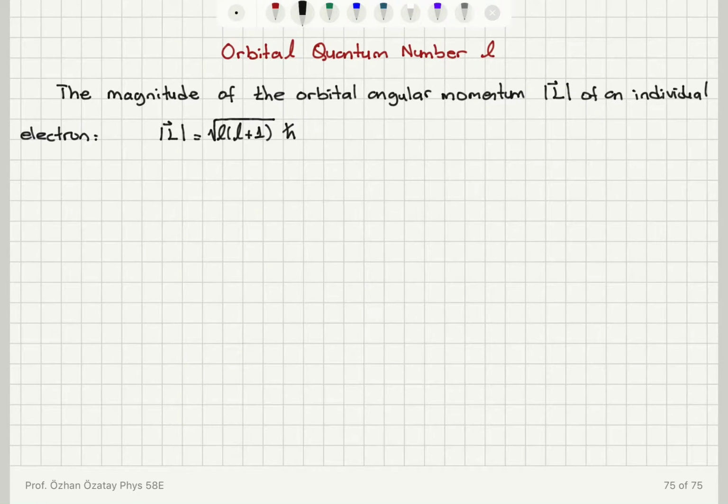Okay, so the values that L can take are 0, 1, 2, 3, all the way up to n minus 1, the principal quantum number minus 1.